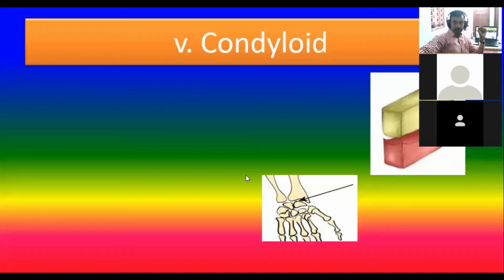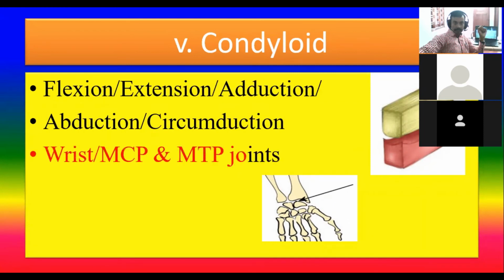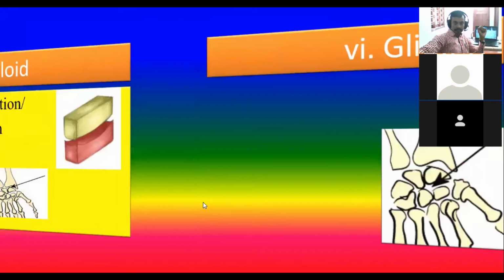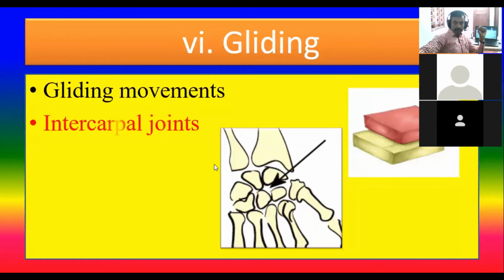Next, condyloid: flexion, extension, abduction, adduction, circumduction. Example, the wrist. Then gliding movement. Example, intercarpal joints. Can you see the intercarpal joints? Only gliding.